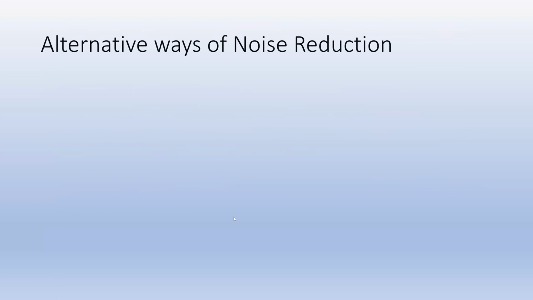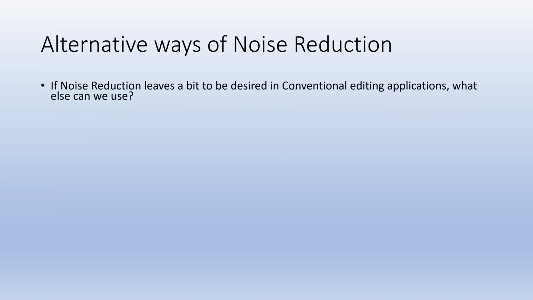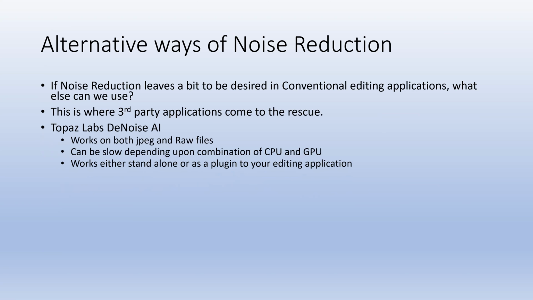So that's using conventional noise reduction, but there are some alternatives. So what else can we do? Well, we have third-party applications, and this is what I'm going to show you. There is one called Topaz Labs Denoise AI, and this will work on both JPEG and RAW, but the performance can be slow depending on your combination of CPU and GPU.